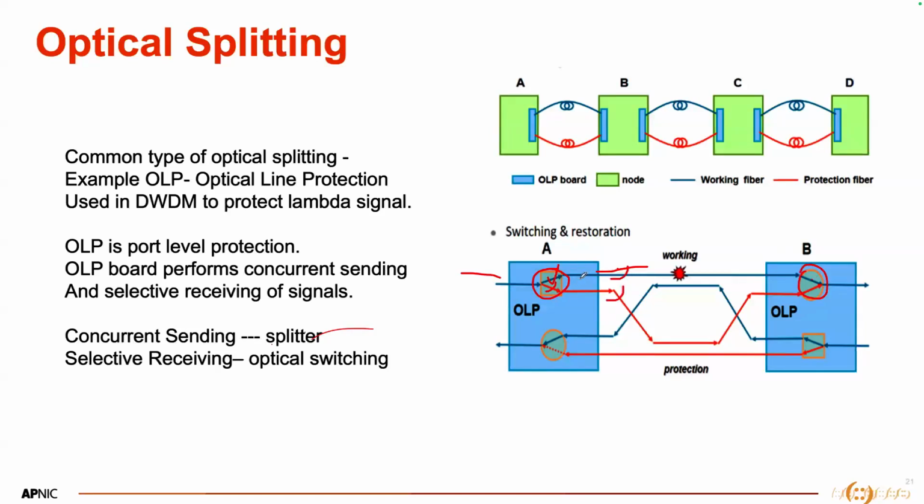This splitting happens simultaneously, that is why we call it concurrent sending. At the receiving end, we call it selective receiving: only one path is selected to accept the signal. When there is a cut in that path, the switch falls to the second path and chooses it to receive the signal. Is that clear? So that is the idea of optical splitting.